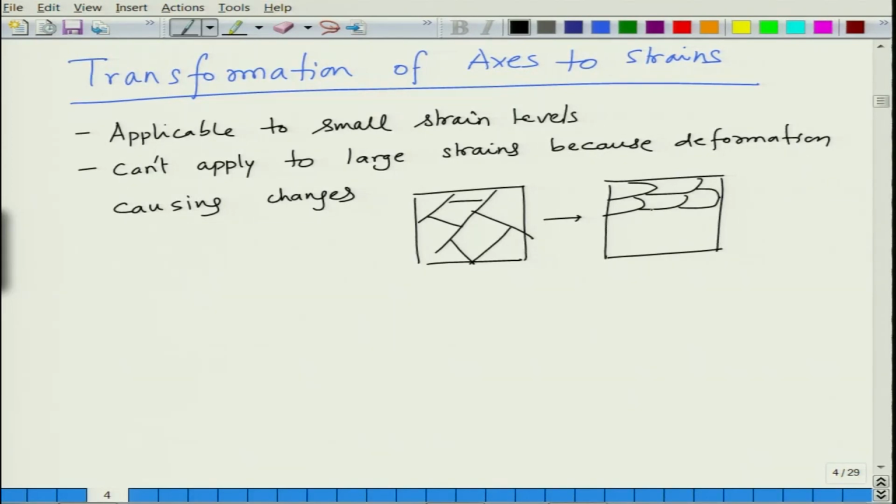So, as a result, the stress and strain tensors will change, because let us say if this was, in this case the UVW was in this direction, this is UVW, this is UVW, this is UVW, and so on and so forth. Like this. It is possible that in the deformed grain structure your UVWs will become something like this.